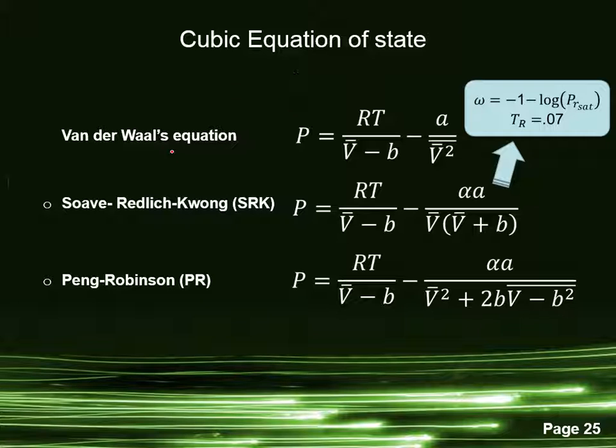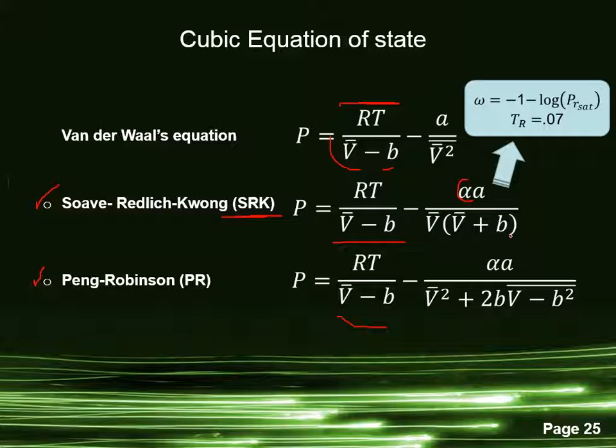The two cubic equations of state that are currently most often used are Soave-Redlich-Kwong, usually just the SRK equation, and the Peng-Robinson equation. They are similar to the van der Waals equation. RT over V minus B is similar for all of them. There is an extra term in SRK, alpha, which is a function of temperature and the eccentric factor, which is a correction for the shape of gas molecules.